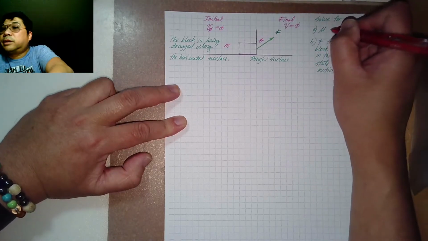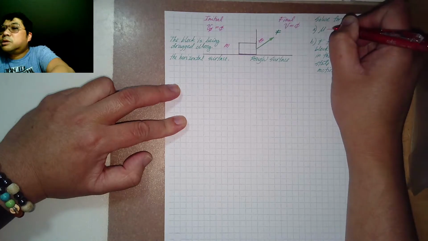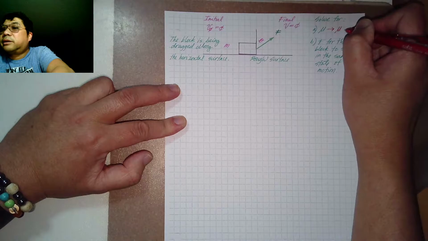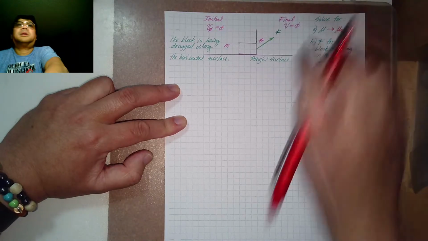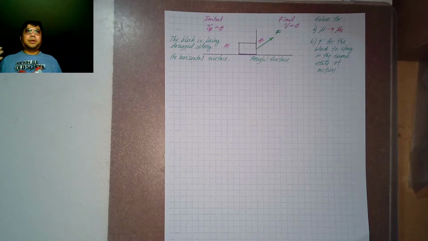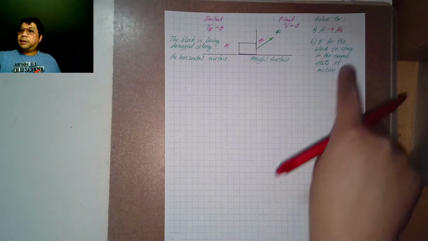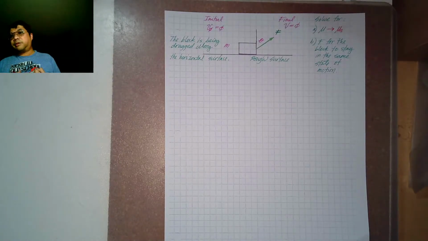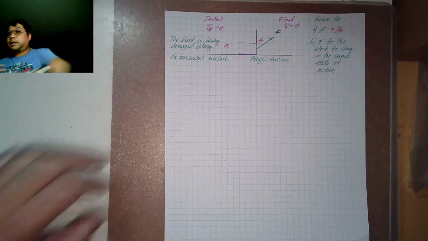So we are supposed to be solving for the coefficient of static friction, for this problem, when the angle is measured from the y-axis or the vertical axis.